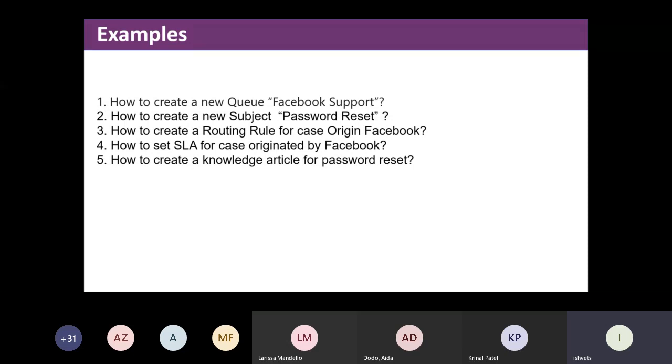After this, we want to create a new subject called password reset. I would like to be able to create a routing rule that would route the case origin for Facebook to the Facebook support queue. We'll set an SLA, service level agreement, for all the cases originated by the Facebook request, and we'll also create a knowledge article for it.